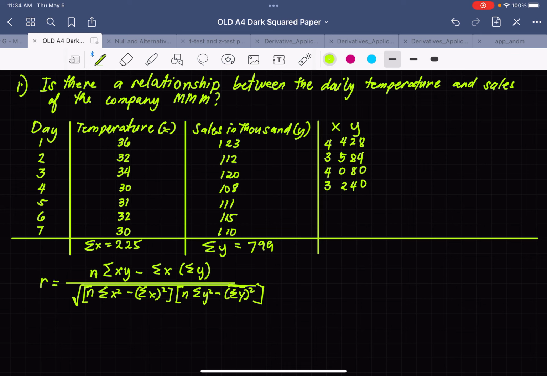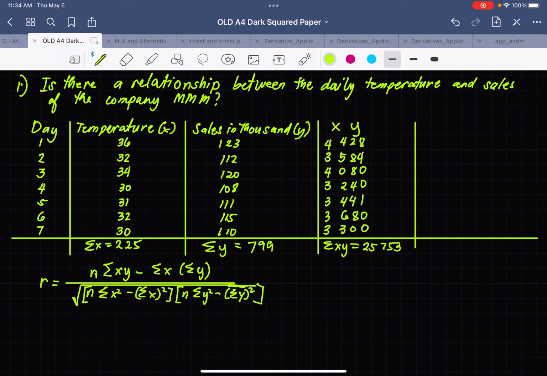Next, 31 times 111 is 3,441. 32 times 115 is 3,680. And last, 30 times 110 is 3,300. So the sum of these, the summation of xy, is equal to 25,753. So that is the sum of xy.